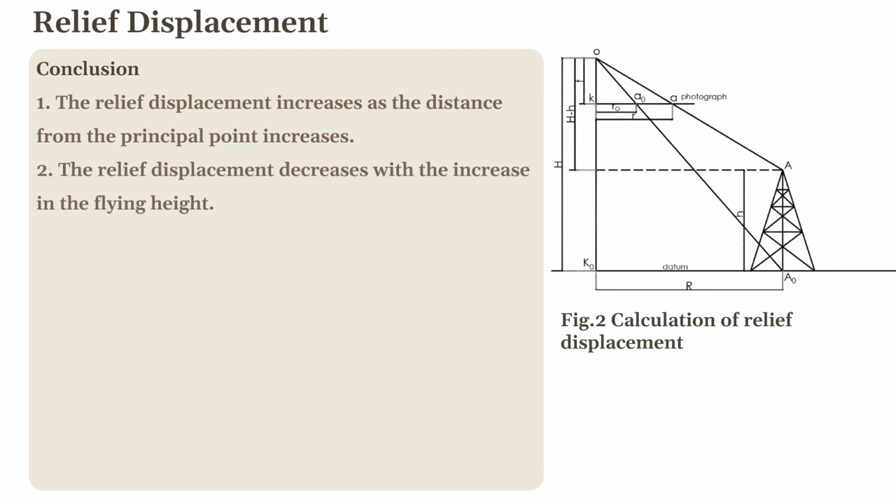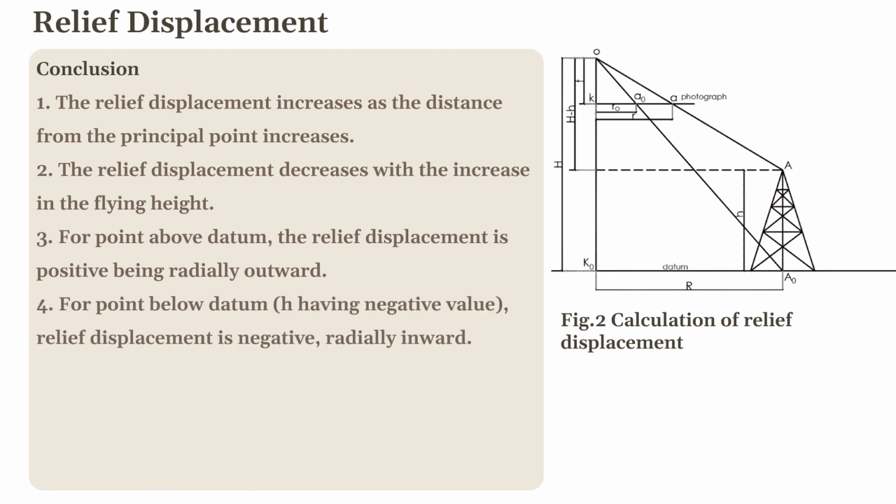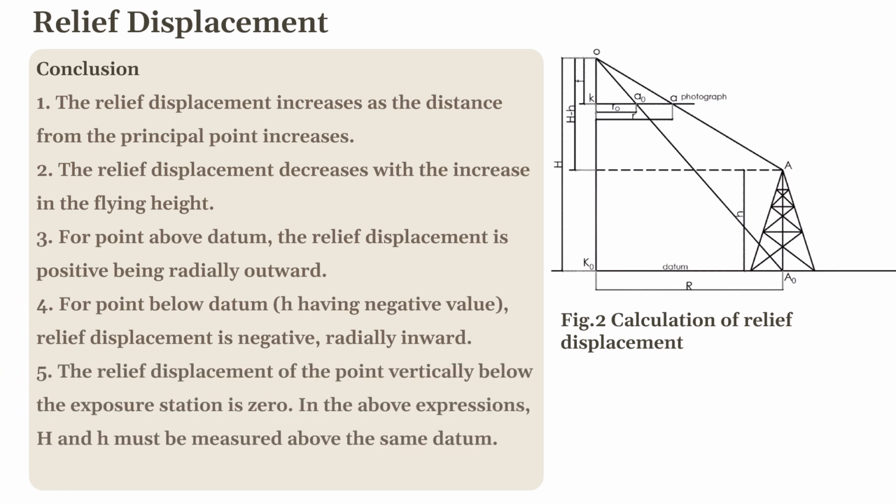The relief displacement decreases with an increase in the flying height. For points above the datum, the relief displacement is positive and directed radially outward, and for points below the datum, the relief displacement is negative and directed radially inward. Fifth, the relief displacement for a point directly below the exposure station is absolutely 0.